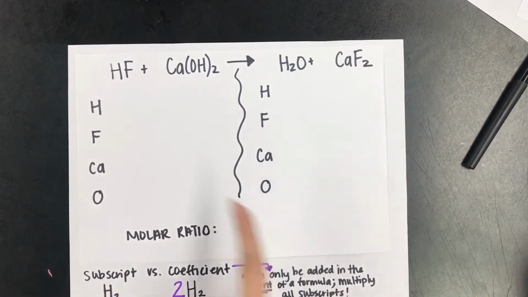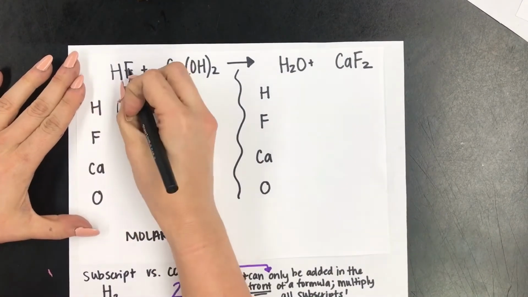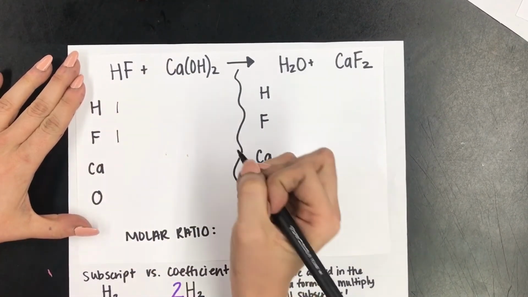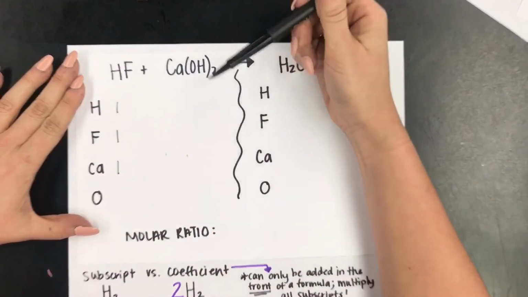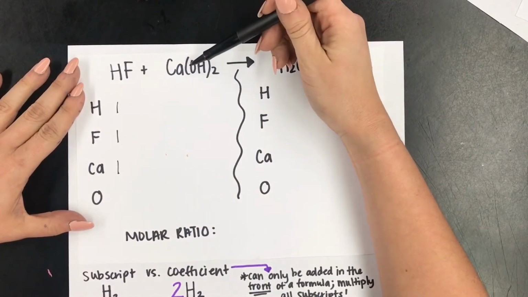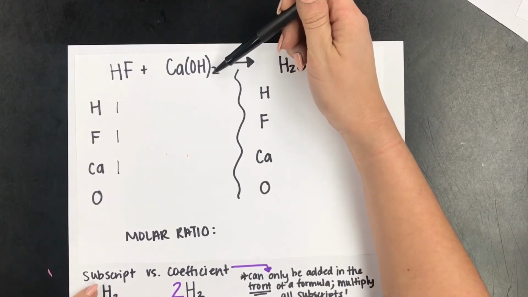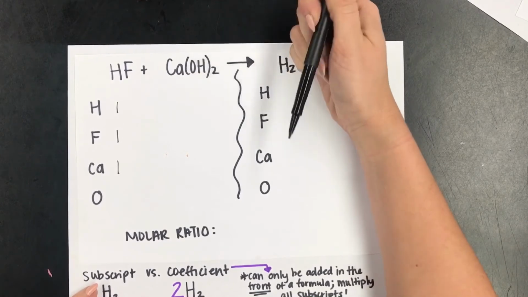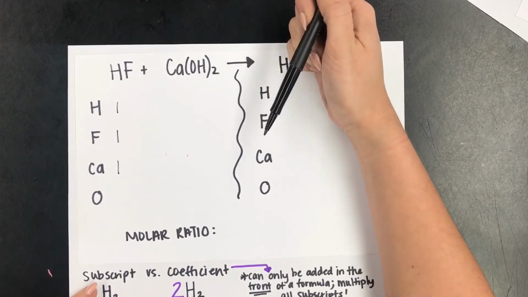So on this side, we're just going to list out again. We have 1 hydrogen, 1 fluorine, 1 calcium, but then here, this has O and H. Again, H is something we've already seen. This subscript has to be distributed to each of the elements within the parentheses. Not calcium, just what's in the parentheses.